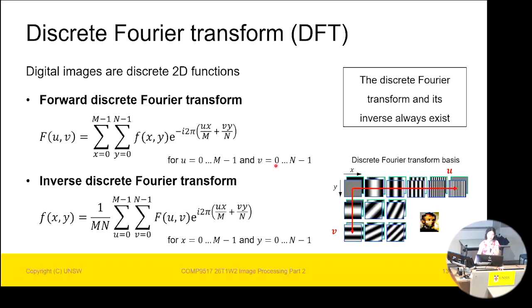So by definition, if we have m by n pixels in the image, we have m by n samples we want to cover, and then we also have m by n frequencies. That's the theoretical foundation about why we can use this to represent it. But we don't really have to use this one.